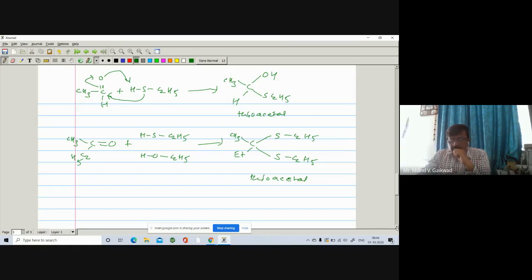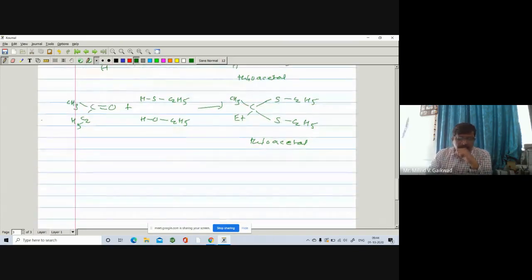We can also take some other example. For example, suppose you take a cyclic compound, I just make a cycle here, C double bond O, a cyclobutanone.